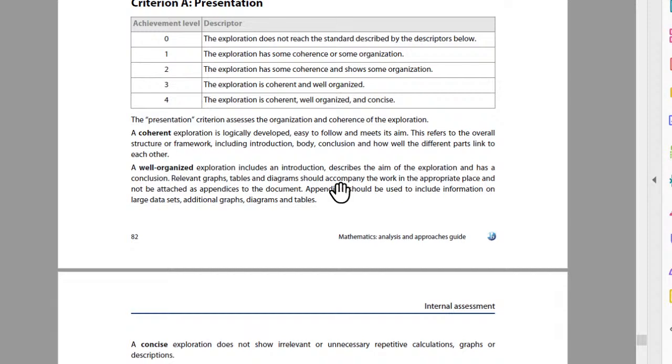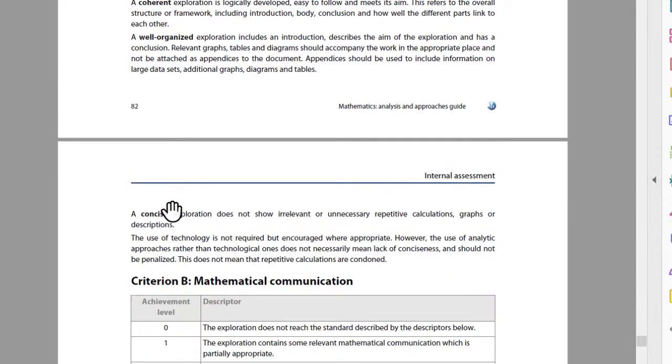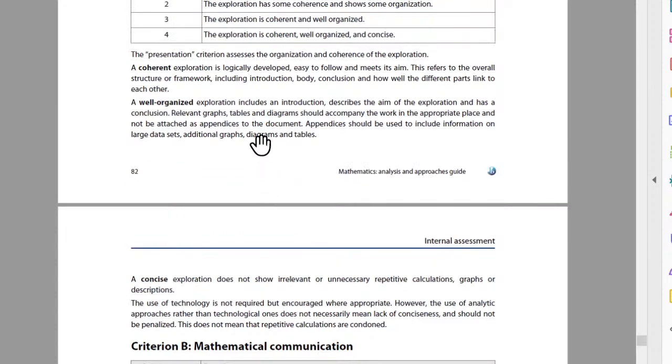We have these elements, so I would say it's definitely at least well organized, but is it concise? It does not show irrelevant or unnecessary repetitive calculations, graphs, or description. It's a bit questionable whether it's a 5 or a 6, or whether it's a 3 or 4, because it is somewhat repetitive.